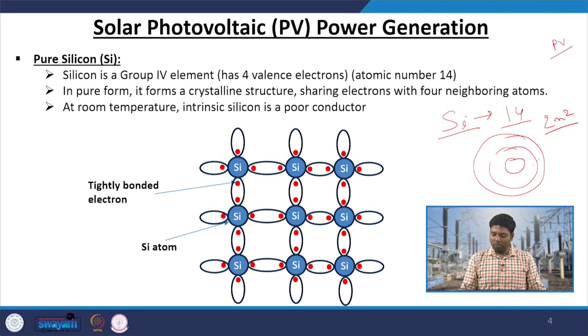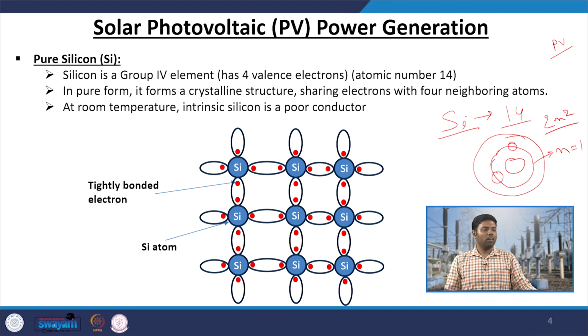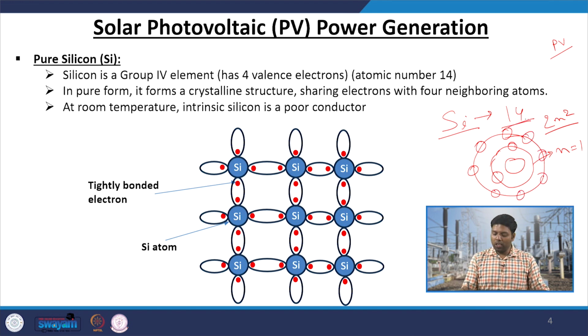If your orbit number is 1, that means n equals 1, then you can have a maximum of 2 electrons in that orbit. If n equals 2, then you have a maximum of 8 electrons in orbit number 2. So, 14 means 2 plus 8, that is 10.